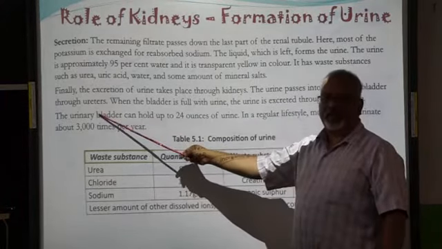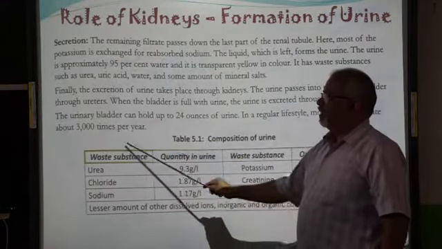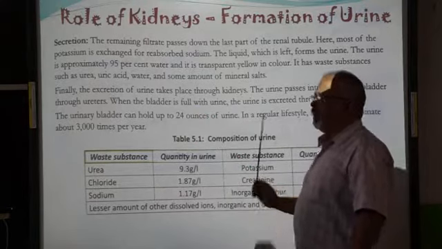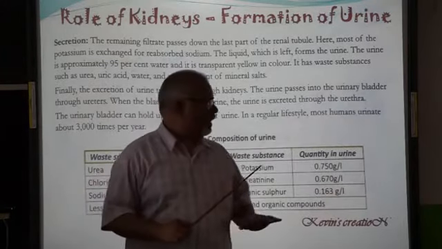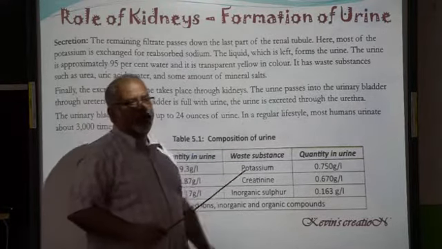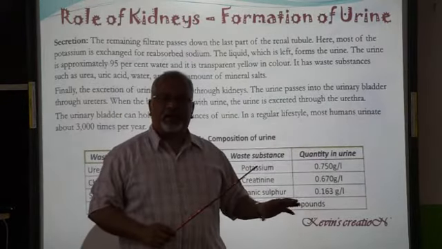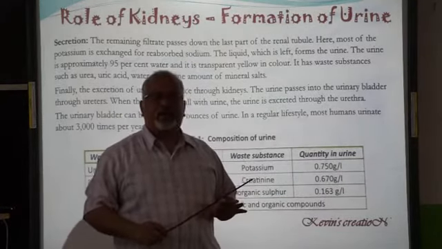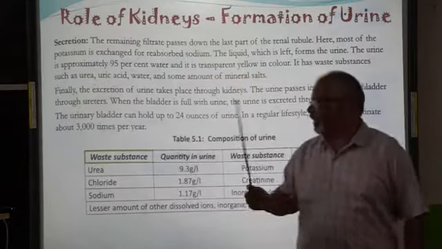You have got a pair of ureters from both the kidneys to the urinary bladder. When the bladder is full with urine, when the capacity is full, then the urine is excreted through the urethra. Urethra is the opening of the urinary bladder. Once it is full, then the urine is eliminated through the urethra.